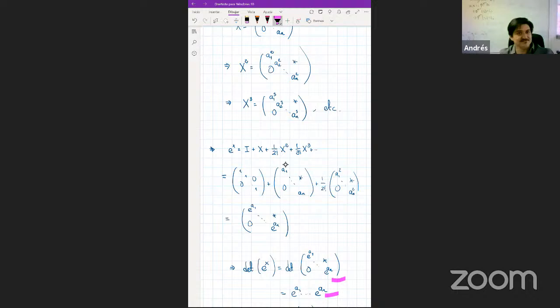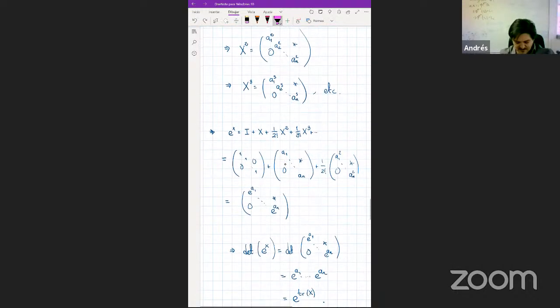Right? But this is e to the sum, and that sum is the trace of x. And this is what we were expecting.